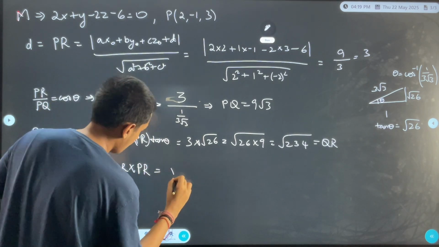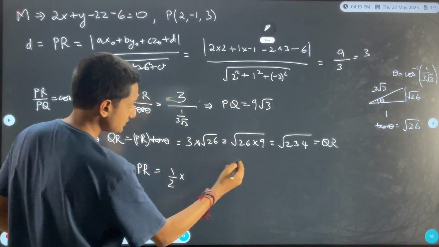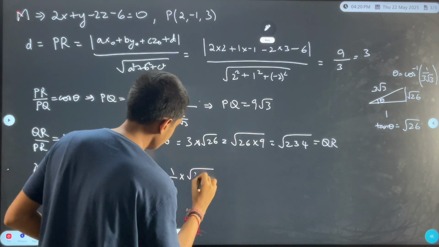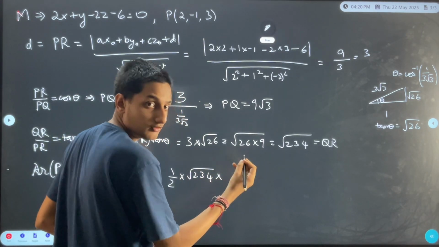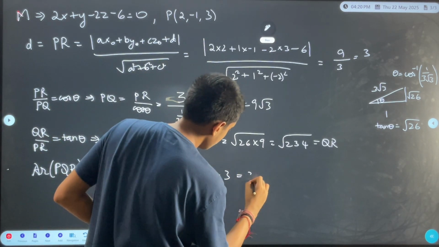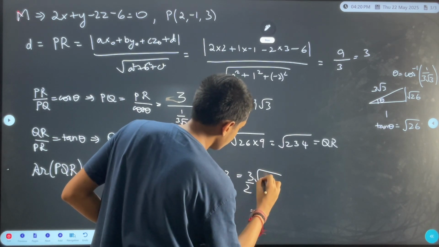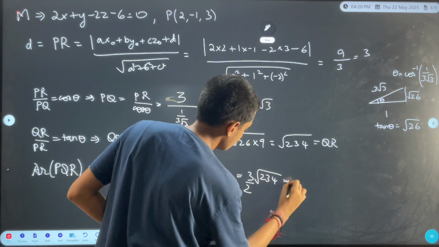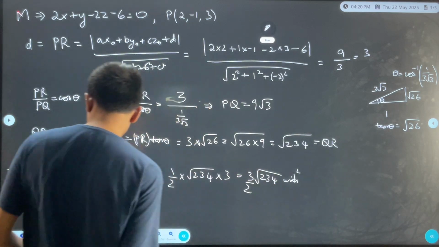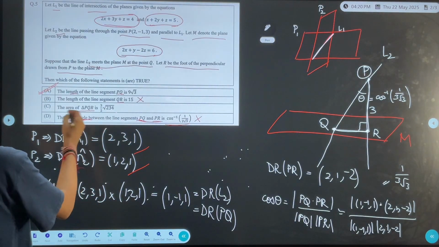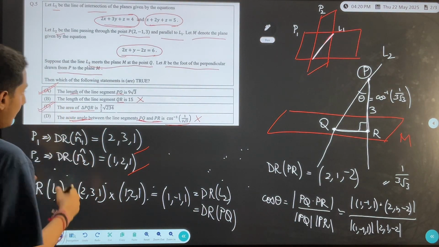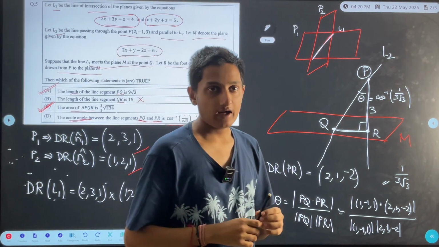This comes out to be half into QR we just obtained root of 234 and PR we know is 3 units. So this comes out to be 3 by 2 root of 234 unit square. And as we can see, this is the option C. Hence, the answer to this question are option A and C.